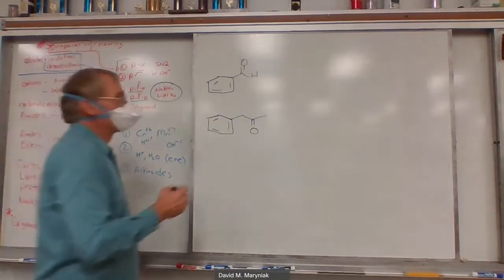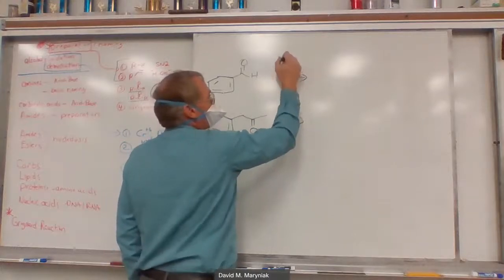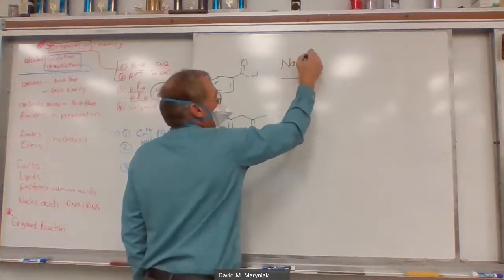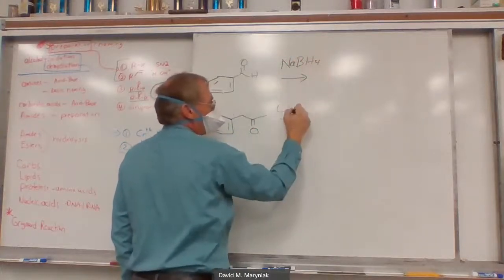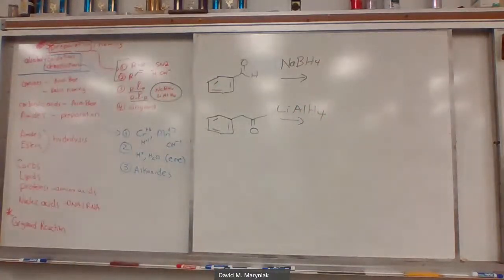So before we get to the nitty gritty, let's just say you see that or that. The name of the reaction is reduction. Sodium borohydride and lithium aluminum hydride are reducing agents.